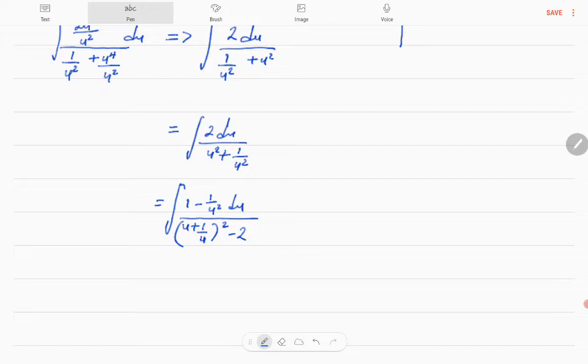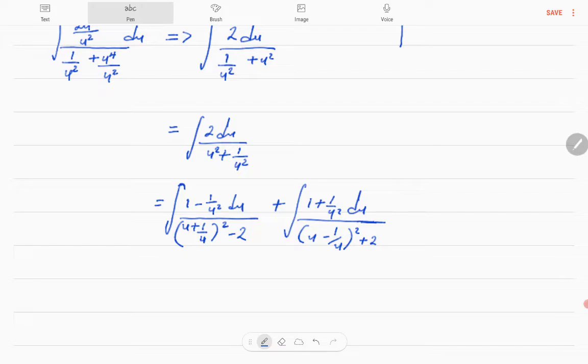That's for the first. And then I'm going to have plus the integral of 1 plus 1 divided by u squared du divided by u minus 1 divided by u all squared plus 2.